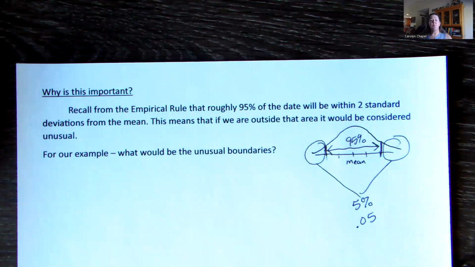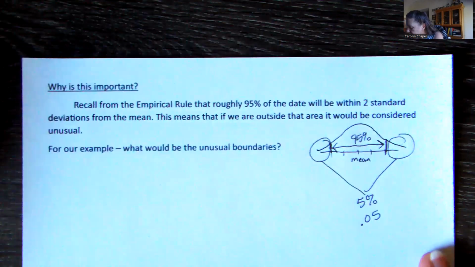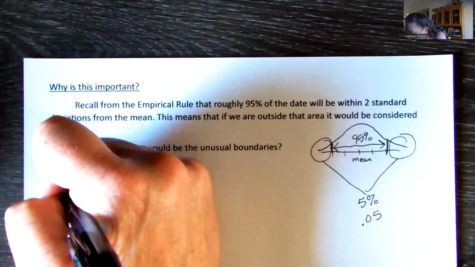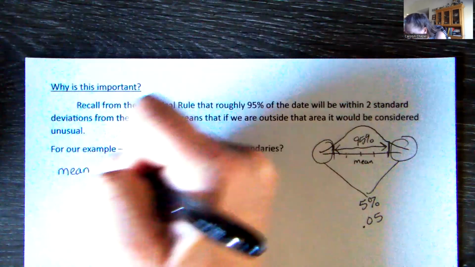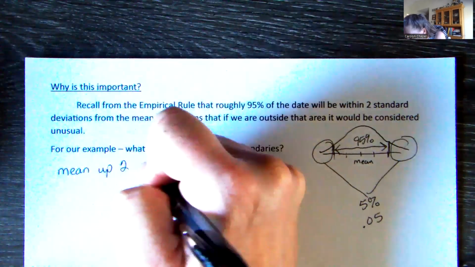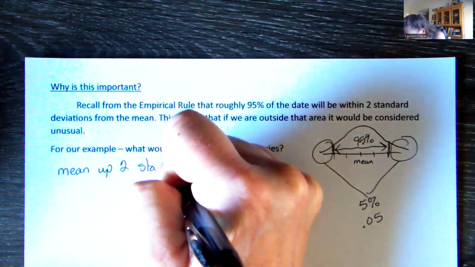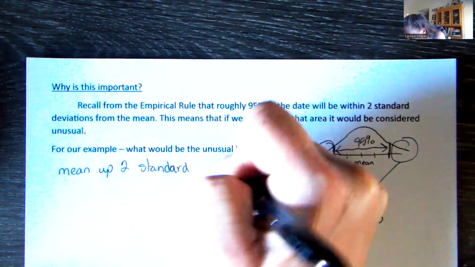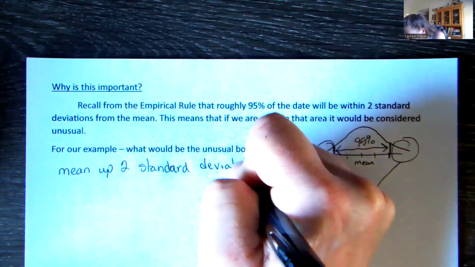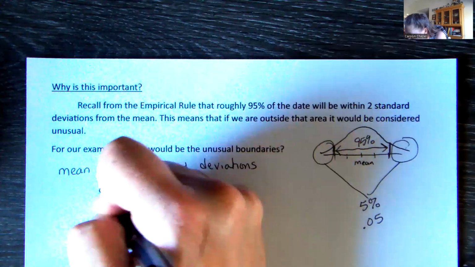And a lot of times we want to know what's unusual, what's normal. And so for our example, we could find those unusual boundaries. So what we need to do is remember we're going to go from the mean up 2 standard deviations and down 2.